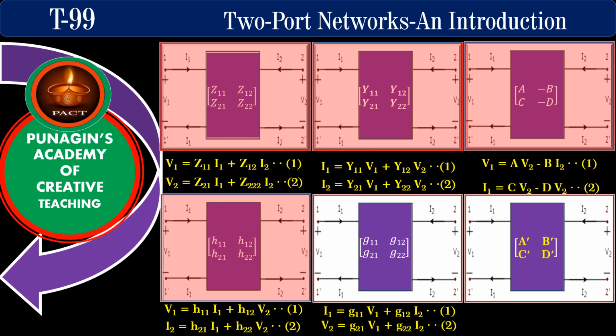And these equations govern the complete behavior of the network inside the black box in terms of G parameters. And finally, these are the two equations which govern the complete behavior of the network in terms of inverse ABCD parameters.